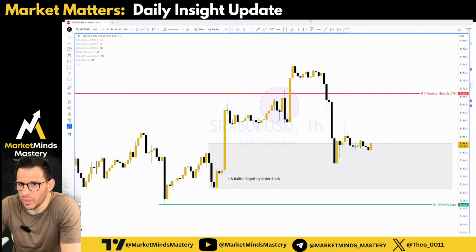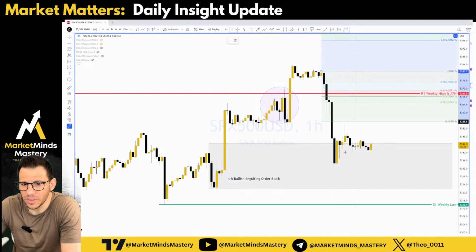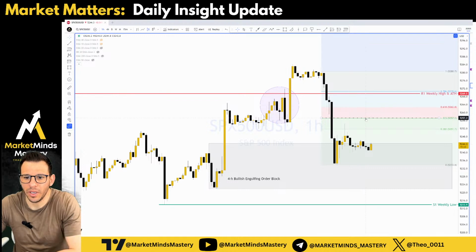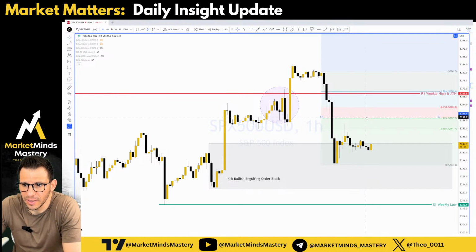So what else can we use? It's the Fibonacci retracement. So the 50 is up here, 61.8% is up there. So it kindly aligns with this resistance level. If we want to add it on the chart, here is the resistance level, and the area between 50 and 61.8 Fibonacci is up here.